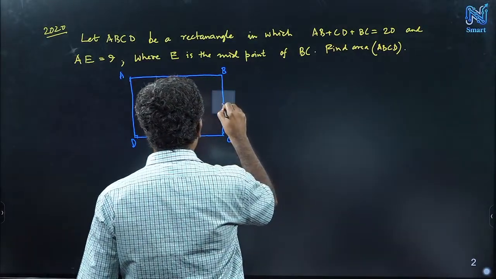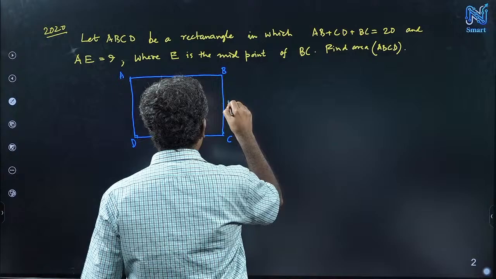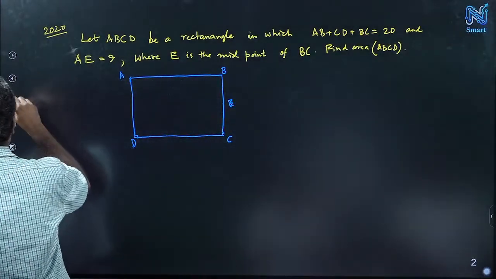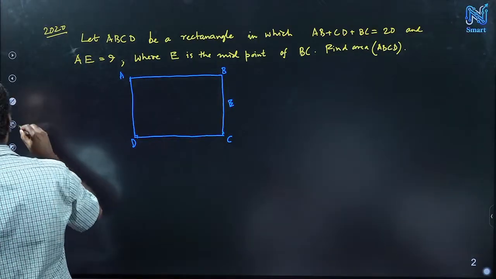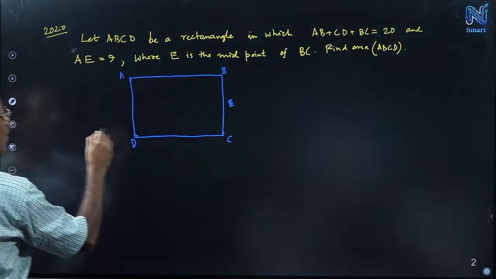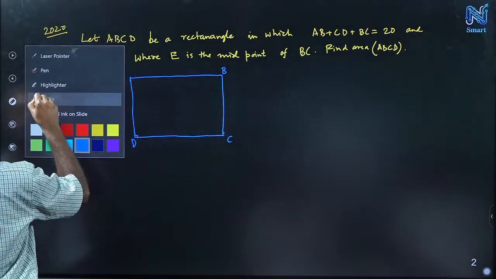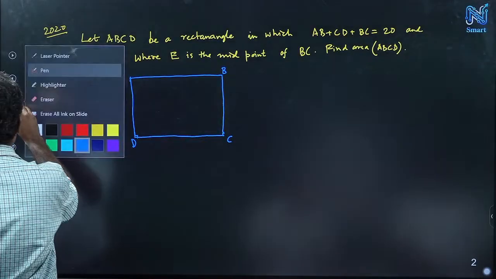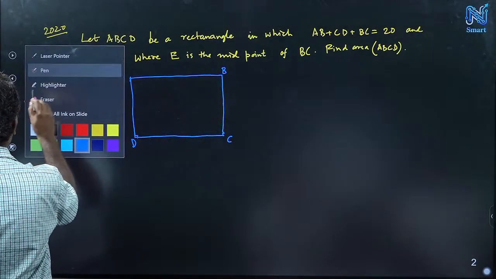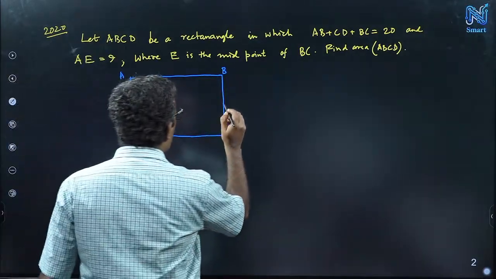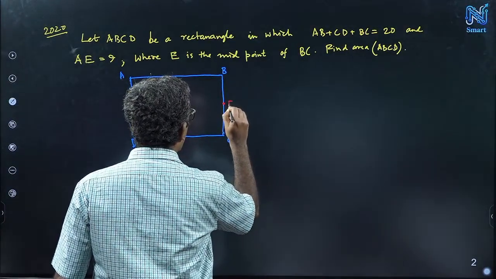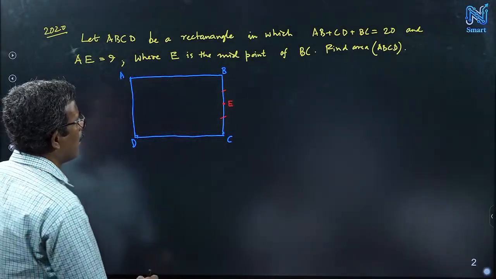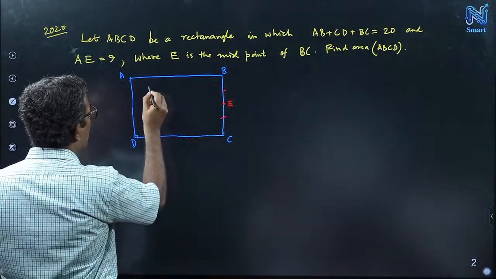So take this midpoint E. Since E is the midpoint, that means BE is equal to EC, and that AE equal to 9.